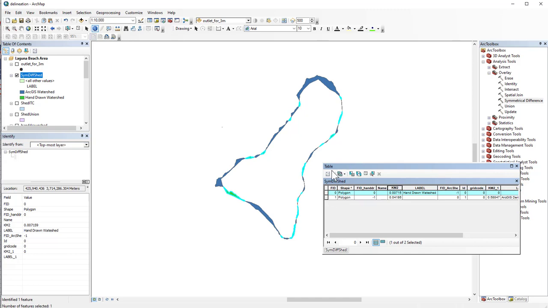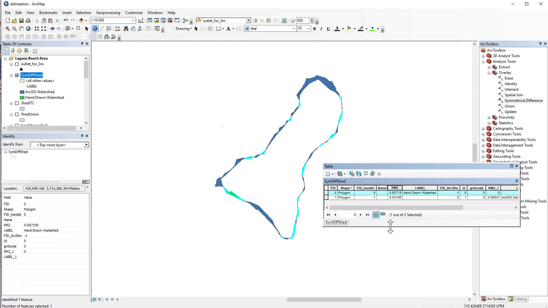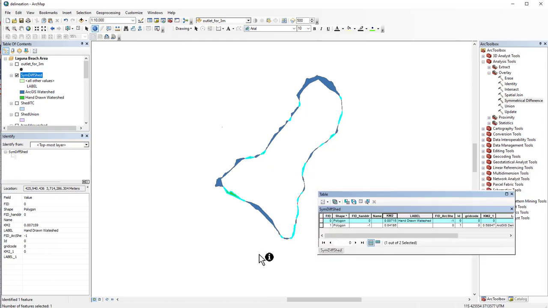So I want you to think about errors of omission and commission and what we did in this exercise, and further consider how this can be applied to other scenarios. And in addition, the purpose of this was to show that there is a difference between the art and science of watershed delineation and computer-derived watersheds.